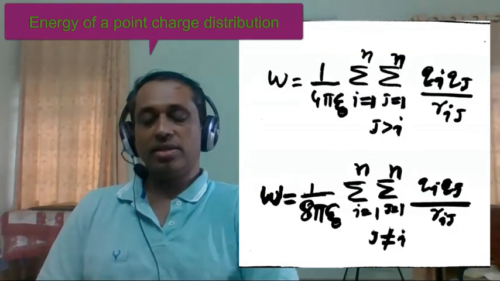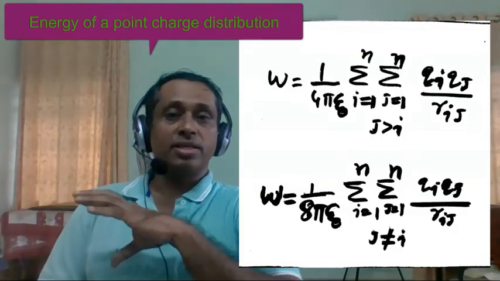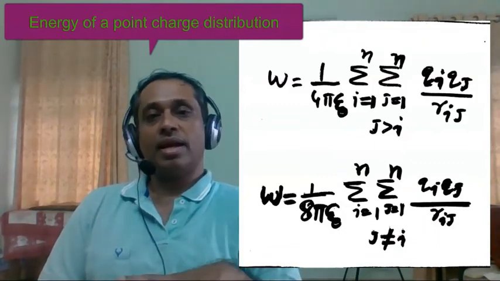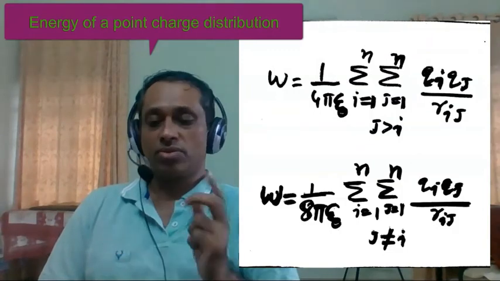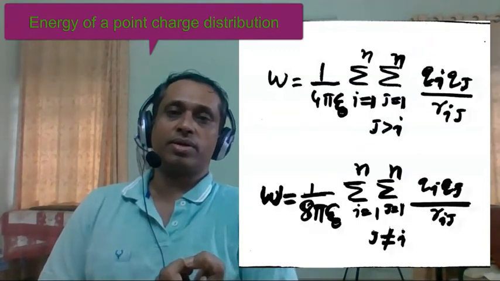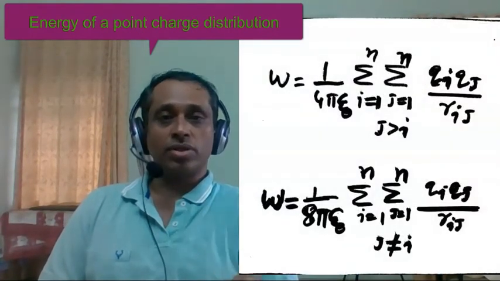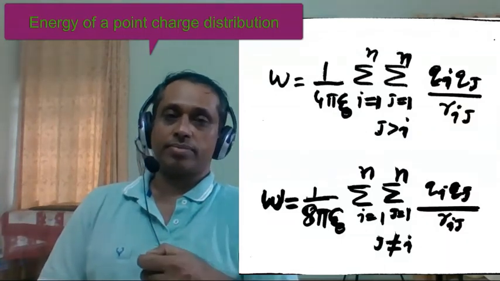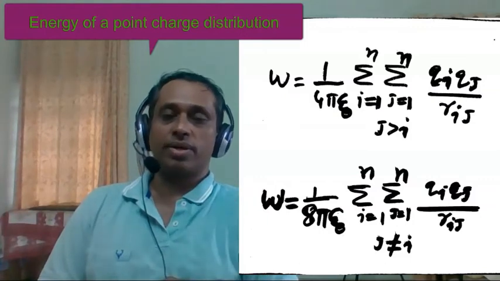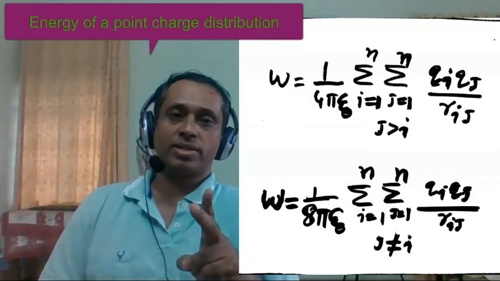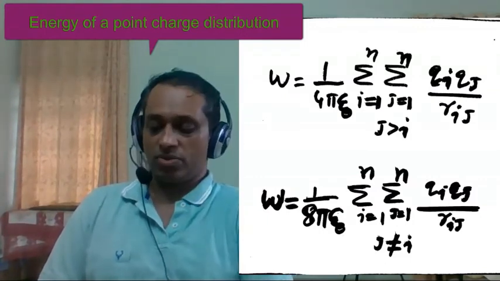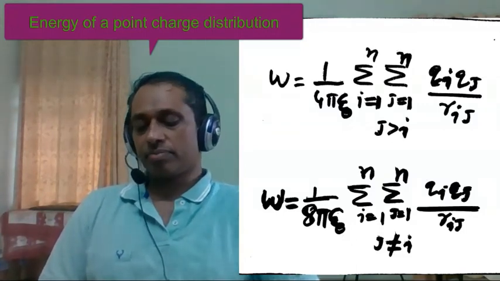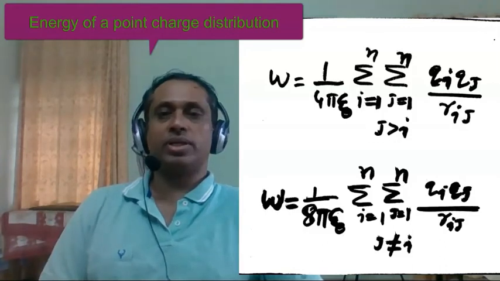In this summation, we will be taking the summation over all possible pairs, and actually each comes twice: Q1, Q2, Q2, Q1, Q1, Q3, Q3, Q1, Q1, Q4, Q4, Q1. These pairs will come twice, but we need only one. So we divide it by 2. So that's why we have this 1 by 8 pi epsilon 0 here.